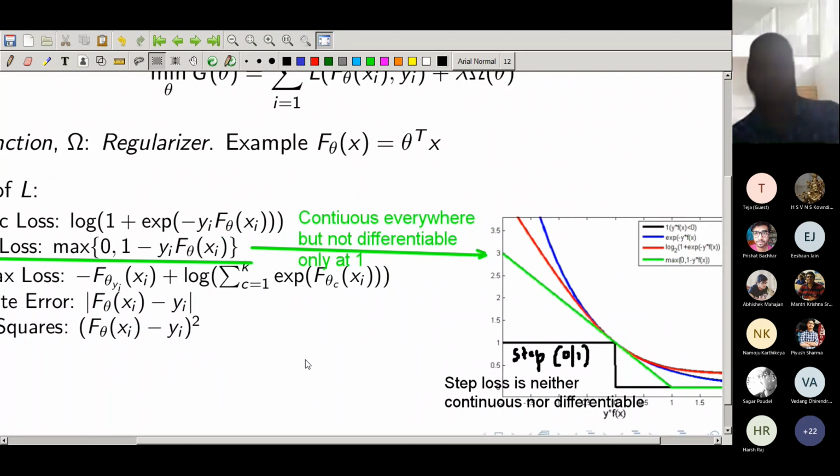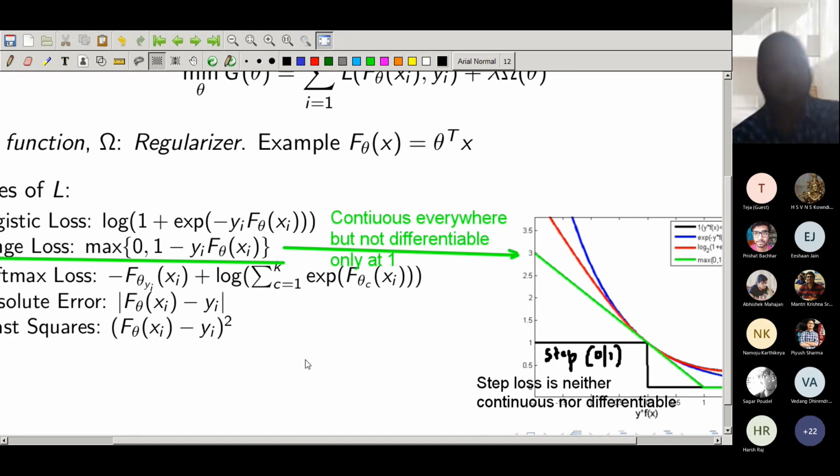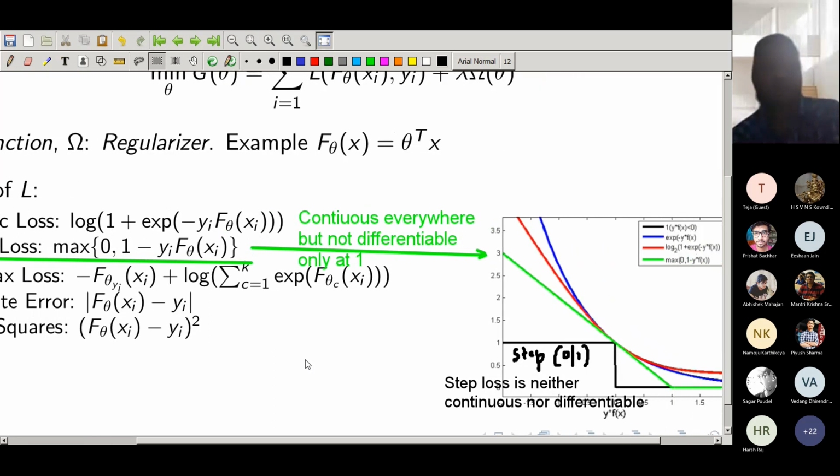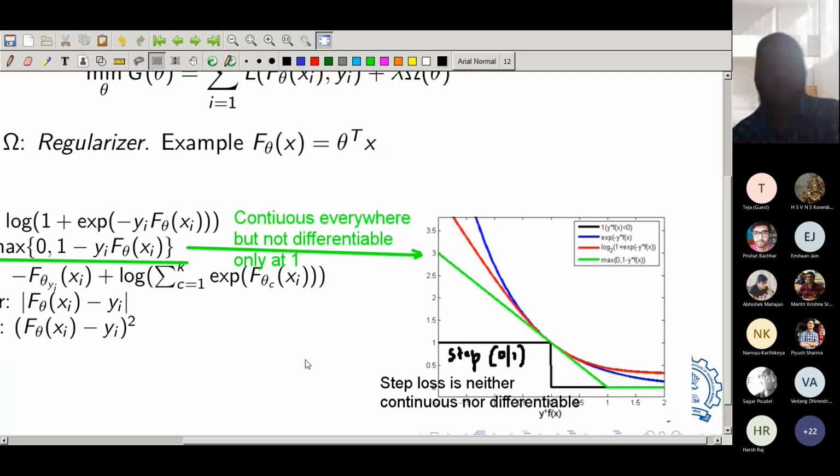So then we see this exponential loss, exp of minus y times f(x). Have you seen this anywhere? One in blue. Of course, that has been transformed using a log transformation here. Have you seen this?